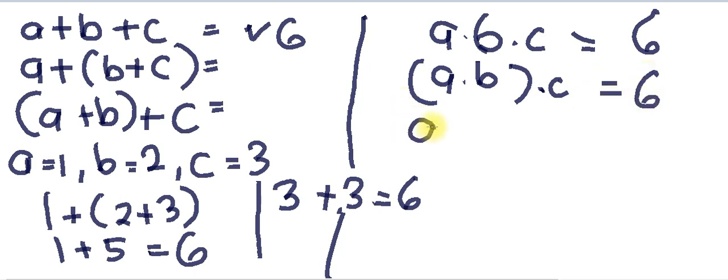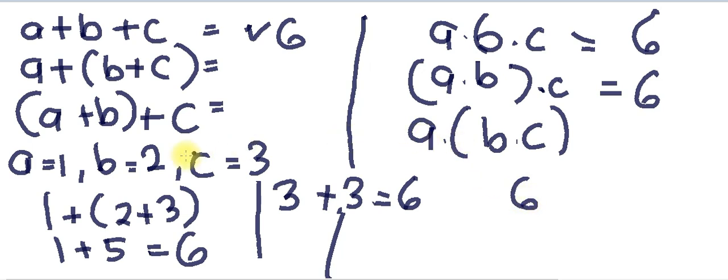Like we said, in the third one, we put the parentheses around b and c, so we multiply b and c first. 2 times 3 is equal to 6, and then we multiply by a, which is 1.